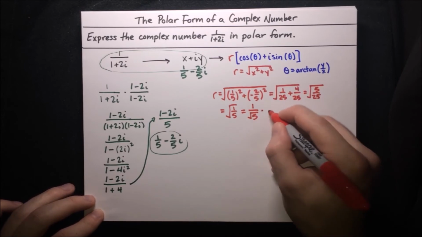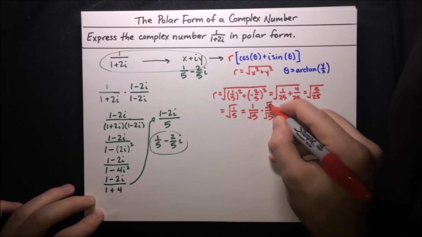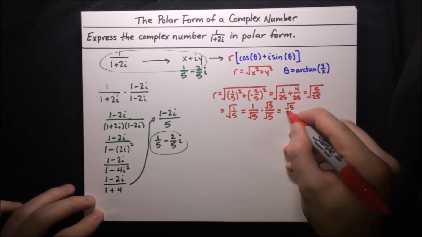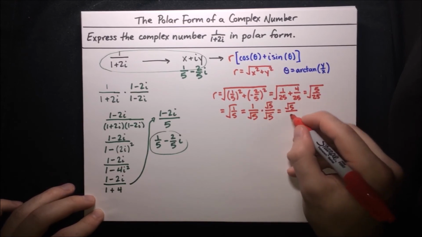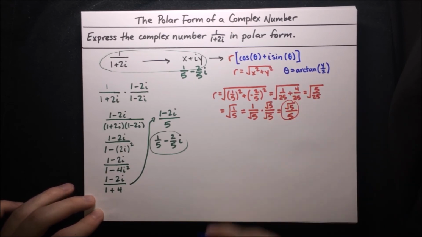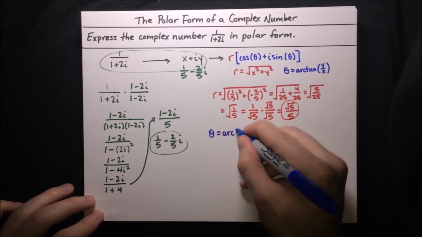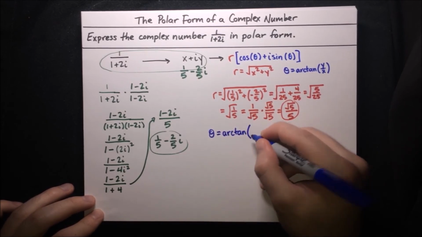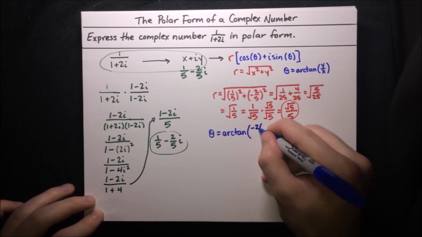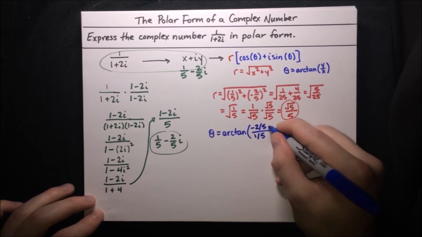Let's multiply by the same thing on top and bottom, root 5 and root 5. So 1 times root 5 on top, that's root 5. And then root 5 times root 5 on bottom, that's just 5. So this is our value of r. And then how about our value of theta? Theta is arctangent of y over x, so arctangent of negative 2/5 over 1/5.